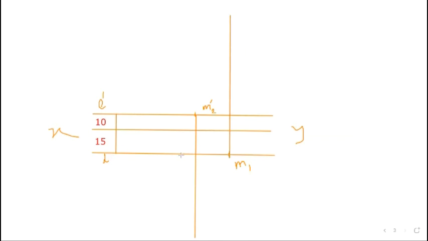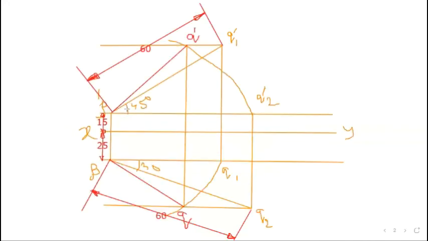Now, in your problem, the length of line LM is 70 millimeter. In the previous problem the angle is given, so first we draw a line at that angle, and we get the Q1 dash point.